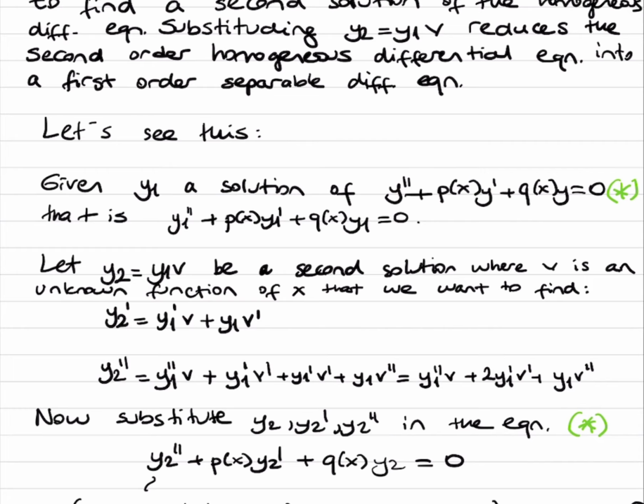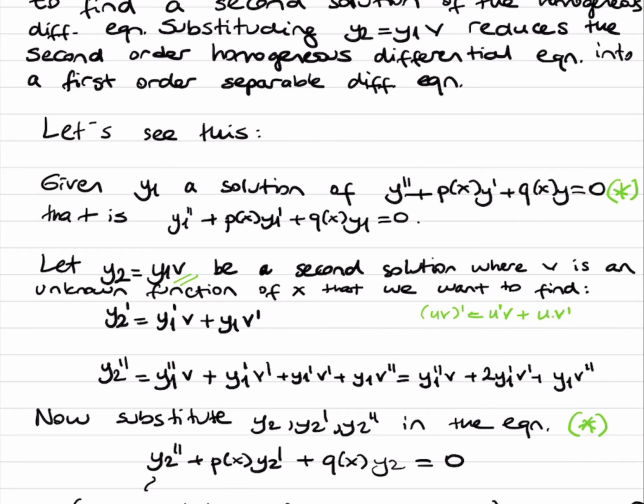Okay, when we take the first derivative, we have y1 times v, so we apply the product rule. Remember the product rule: when we have a product of functions and we take its derivative, we take the derivative of the first one times the second one plus the first times the derivative of the second one.